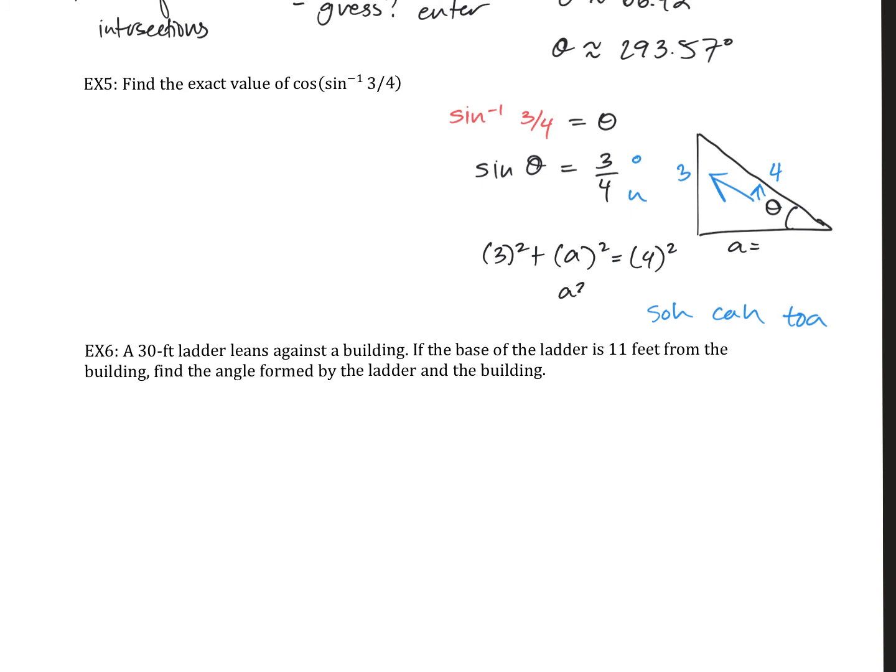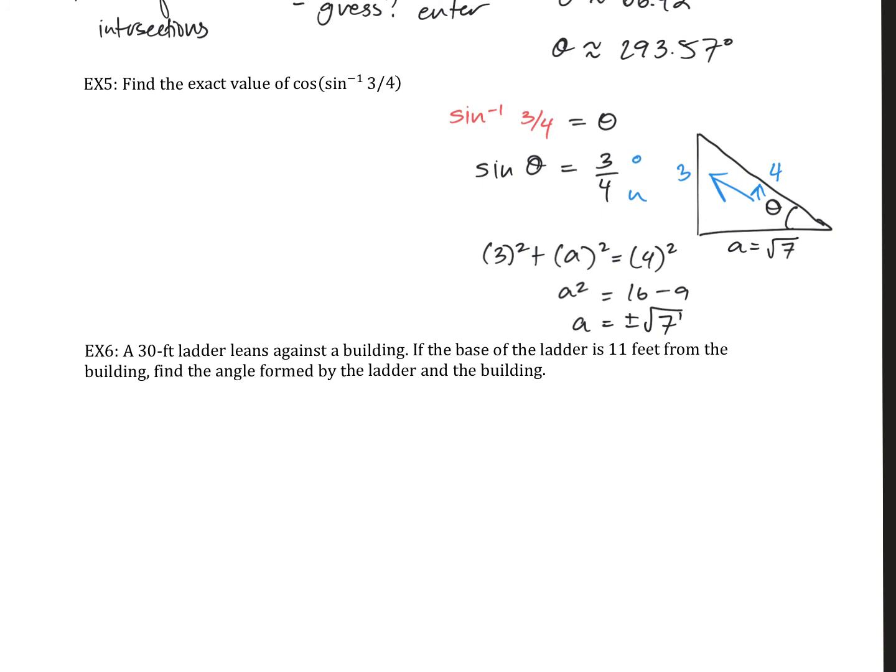Solving, a squared is going to equal 16 minus 9, which means that a is going to equal plus or minus the square root of 7. Notice I did the subtraction and then I square rooted both sides. We're going to take the positive. So a is the square root of 7.